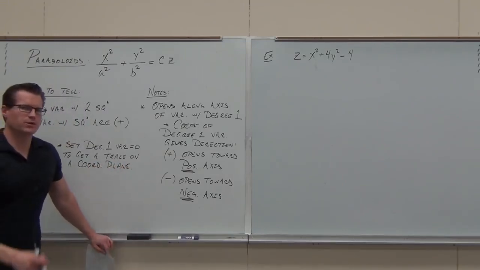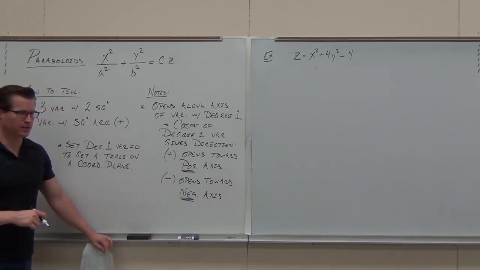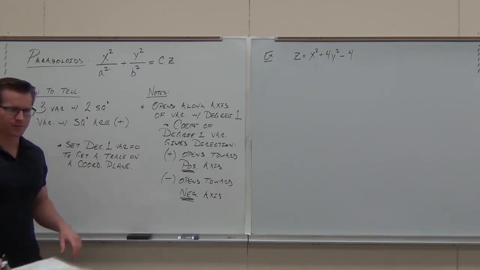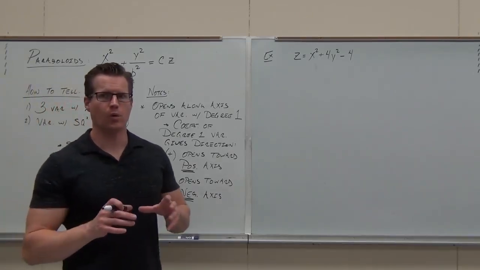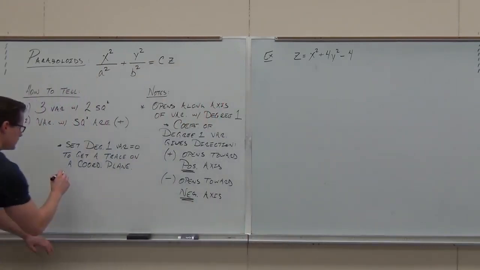Set the degree 1 variable equal to 0 to get a trace on a coordinate plane. I'm going to make a little side note. This works only if the paraboloid is shifted.